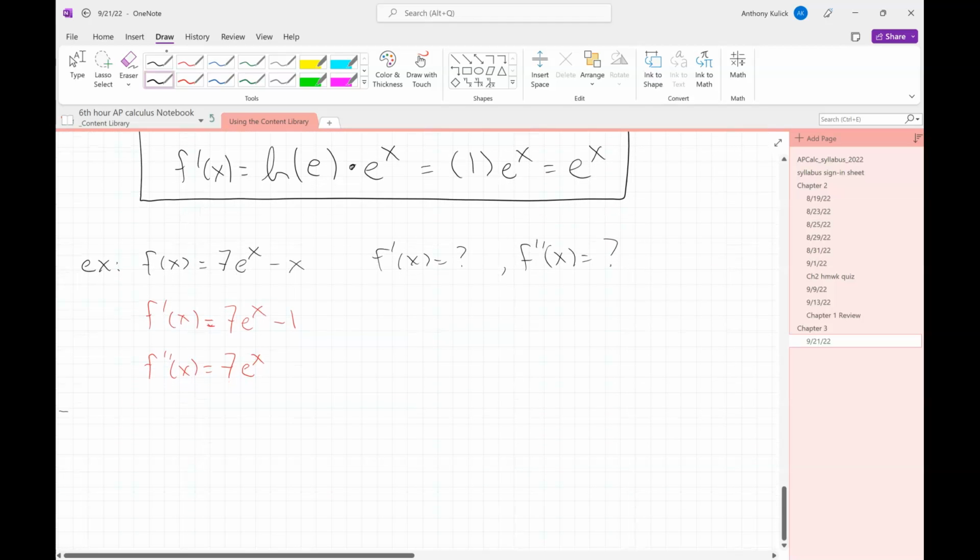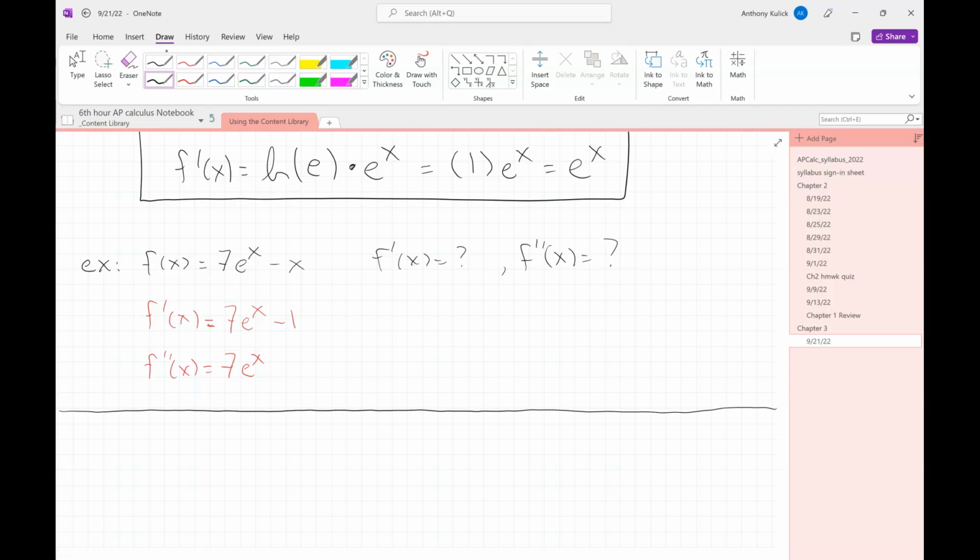So I want to take a moment to talk about one of the problems that we had on the last multiple choice, because it lines up nicely with what we're doing right here.